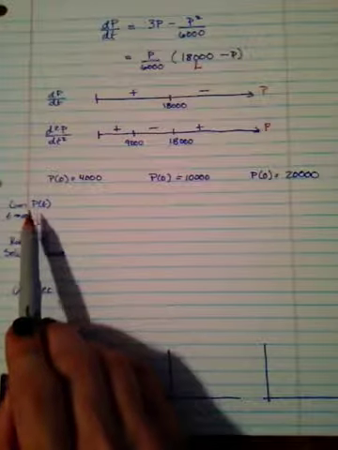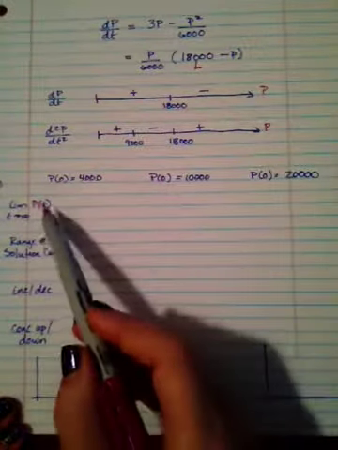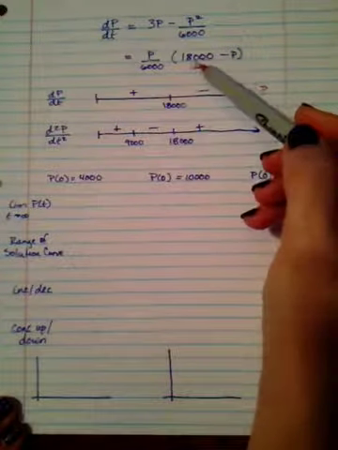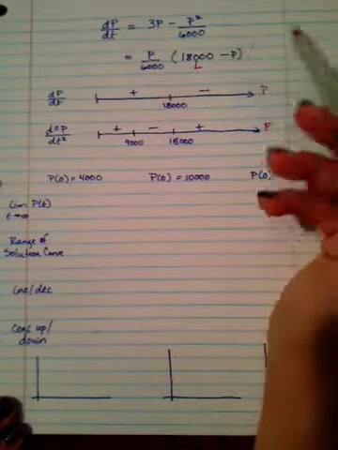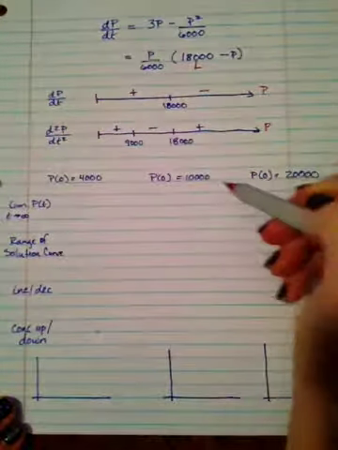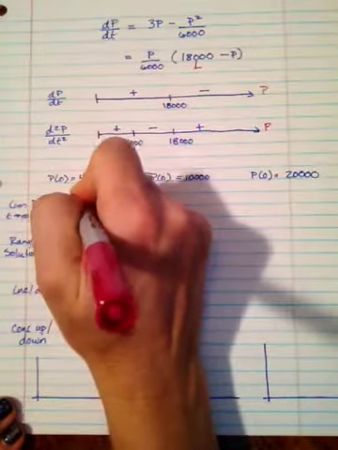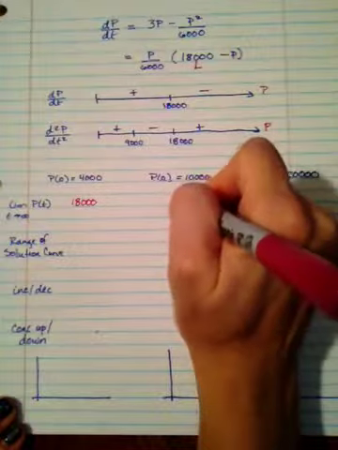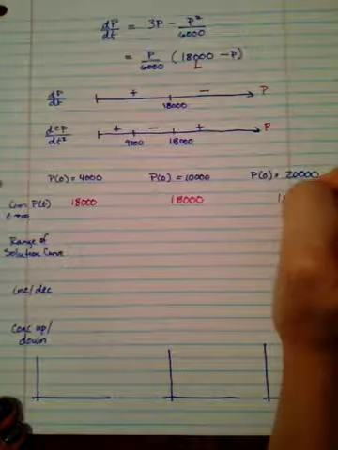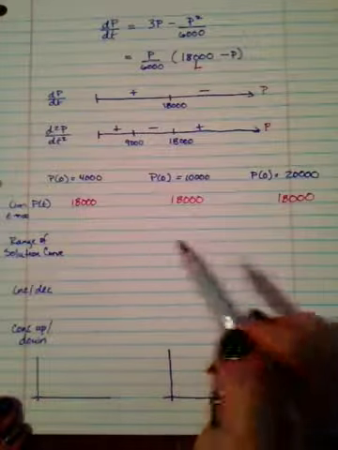I know that our carrying capacity is 18,000. And I know that our function will always approach our carrying capacity, so no matter what our starting population is, the answer will be 18,000. That's one nice thing about logistic functions. You know where it's headed in the long term as time goes by.